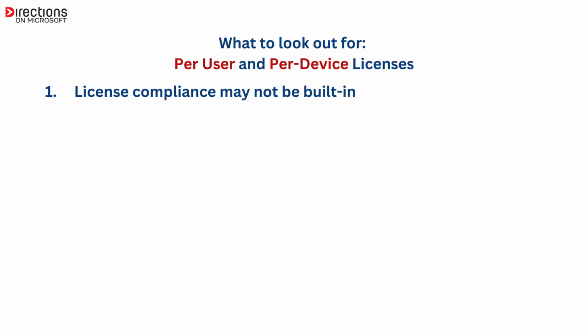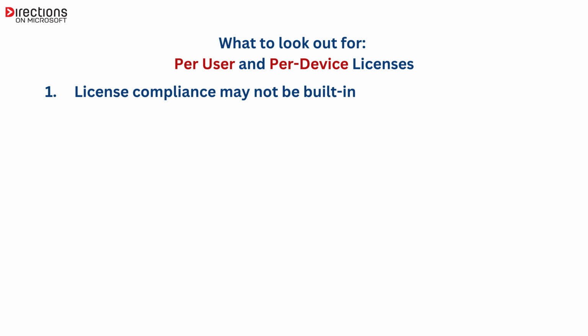The first thing to look out for, compliance tools. Don't assume that Microsoft products licensed per user or per device have built-in systems to confirm the proper type and quantity of per user and per device licenses have been purchased.